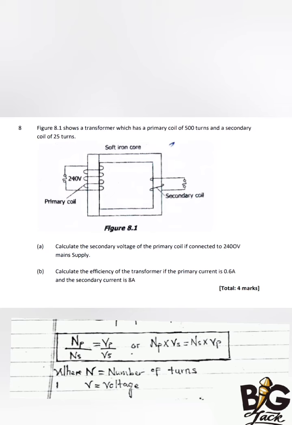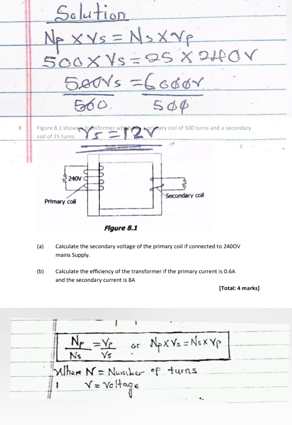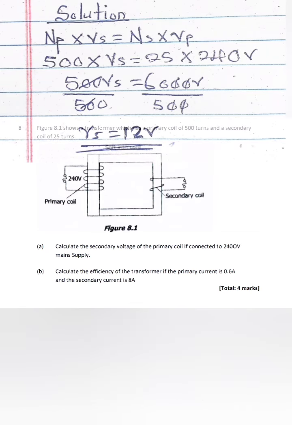The question is asking us to calculate the voltage on the secondary coil. Do we have the number of turns on the primary coil? Yes, we have 500 turns. Sorry for not correcting the data.